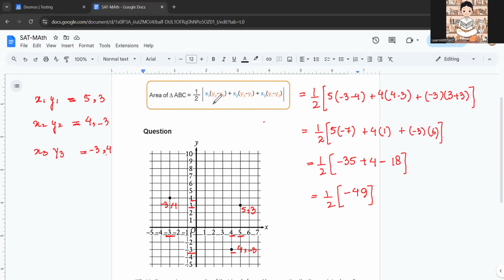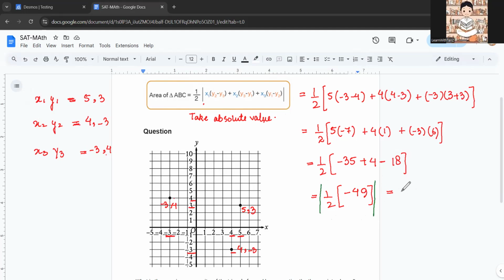Now remember, take the absolute value. You will take the absolute value of the whole thing.